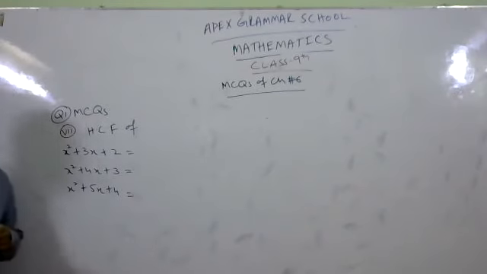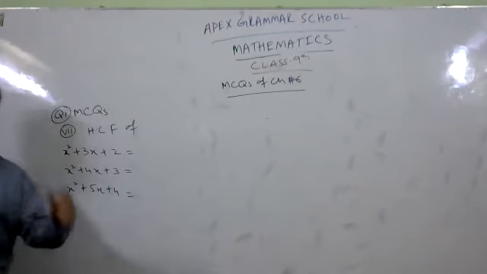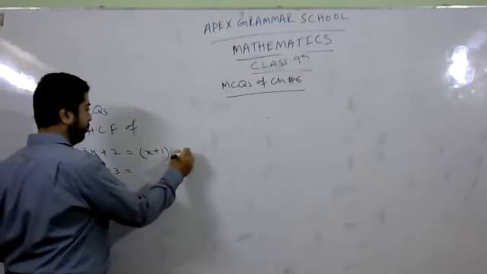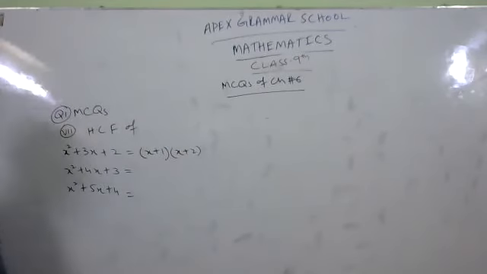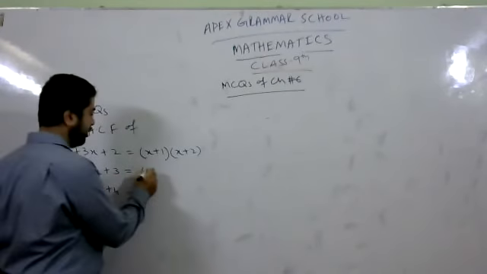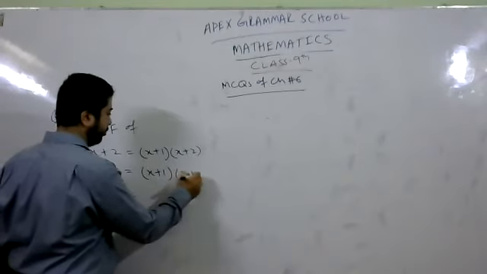If you do the middle term breaking of the first, you will get x plus 1 and x plus 2. You can do factorization very easily. X square plus 4x plus 3, after middle term breaking, you can easily get x plus 1 and x plus 3.